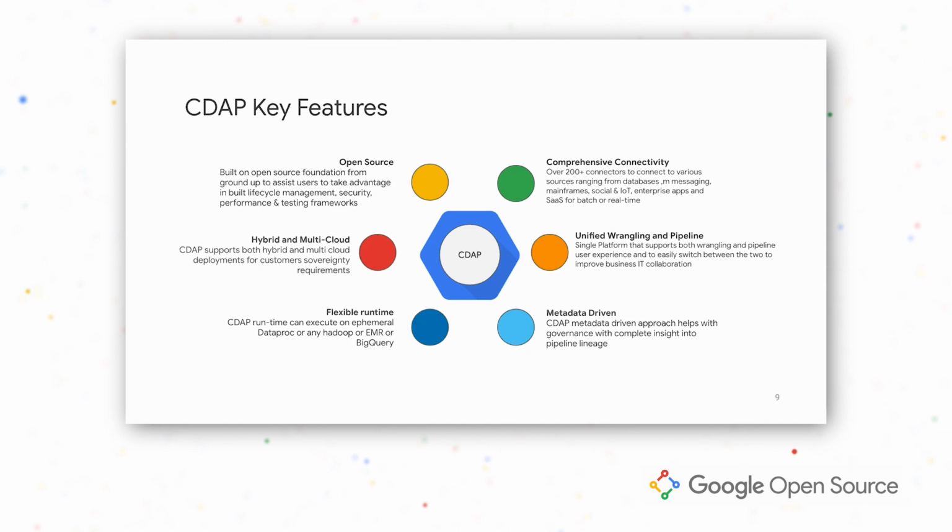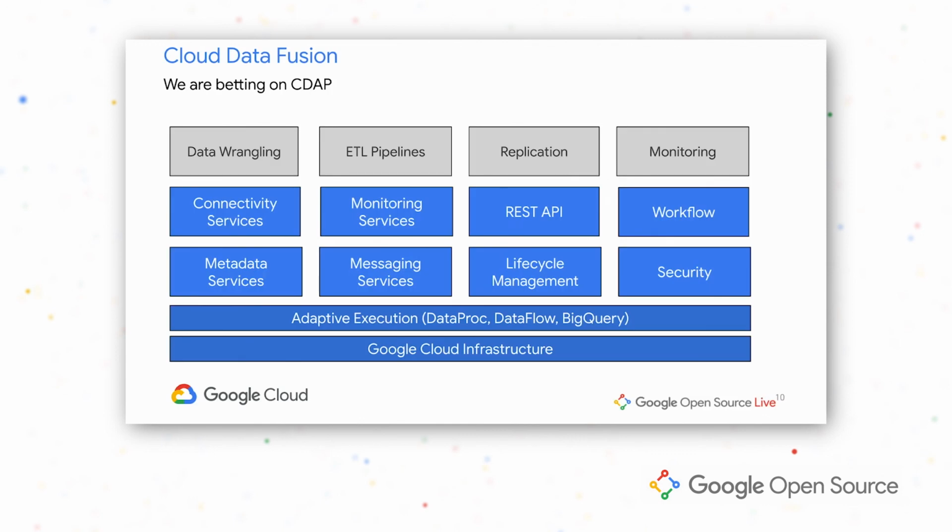And finally, I want to say, how much are we betting on this platform? At Google, we are betting on CDAP because we built our managed enterprise data integration platform, Cloud Data Fusion, purely on this platform.